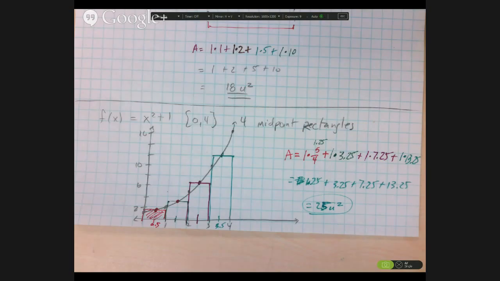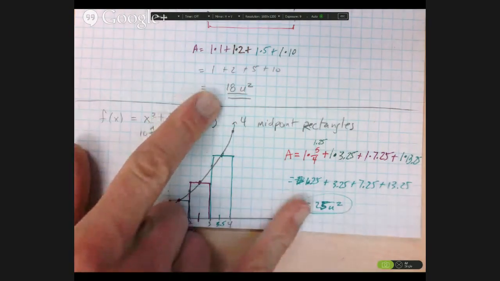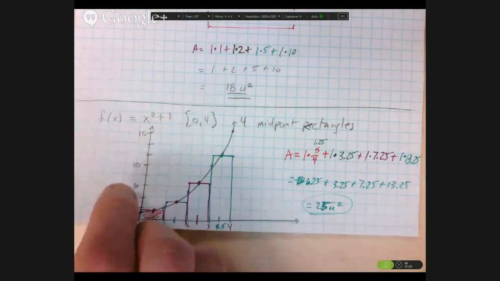It's 25. But notice the difference here in estimates. Okay, you will get widely varying estimates if you use these methods. Do you guys still want me to show you the right endpoint, those of you that asked? Are you good?